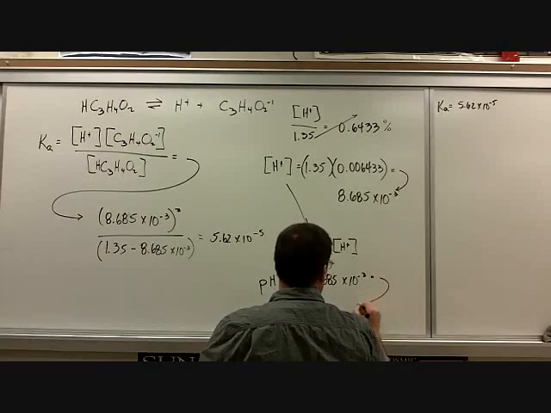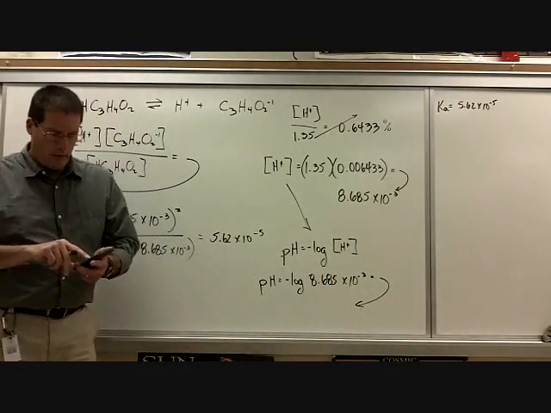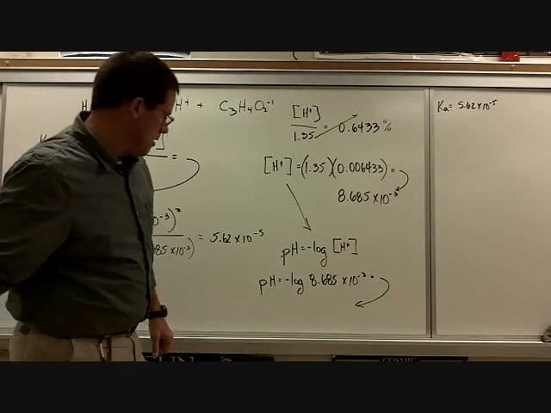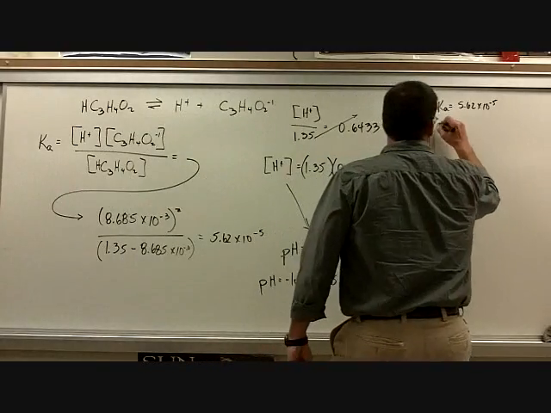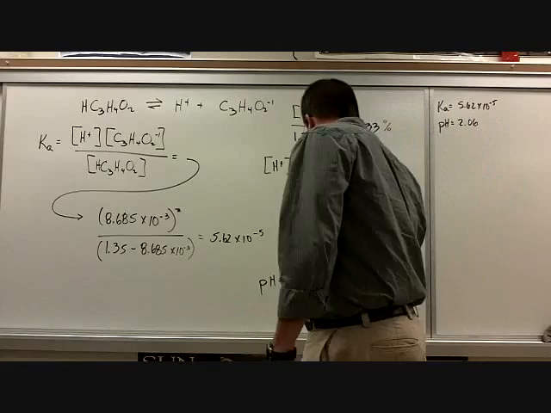So whatever that is. Yeah, just because it's the last thing in your calculator, don't be happy with that. It's like 2.06? Yeah. Okay. All right, so I'm going to put that over here. So pH is equal to 2.06.